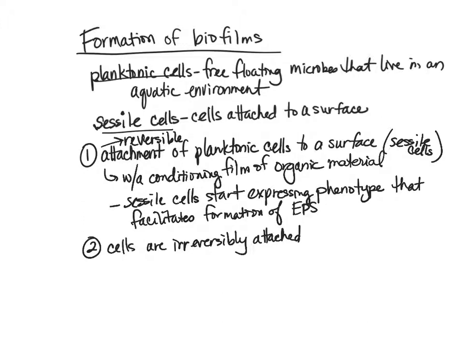Now, when the sessile cells start to express this new phenotype and produce the EPS, this gel-like matrix has them irreversibly attached, so they no longer can just be brushed off. In step 3, we have the biofilm developing.